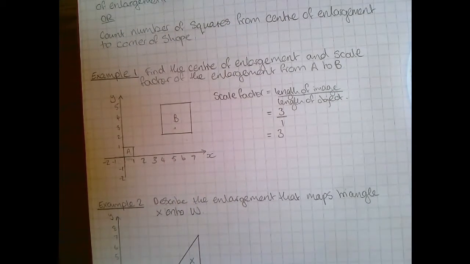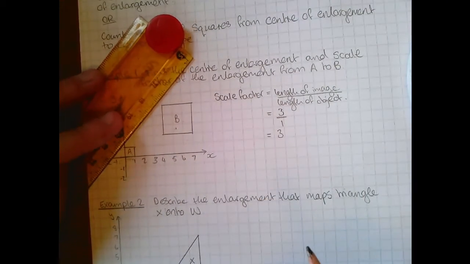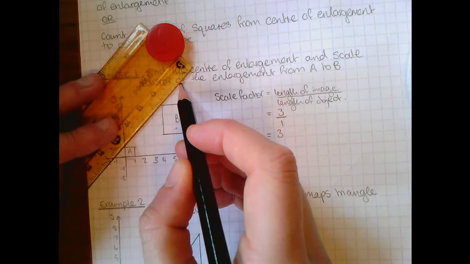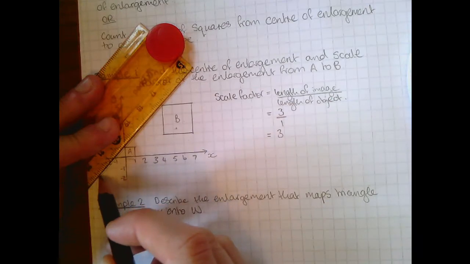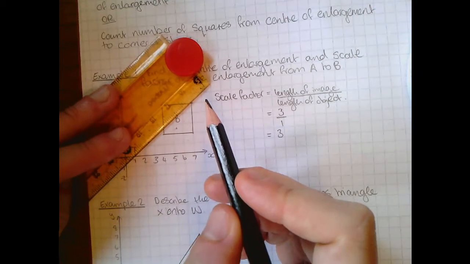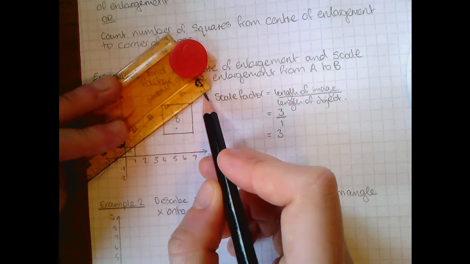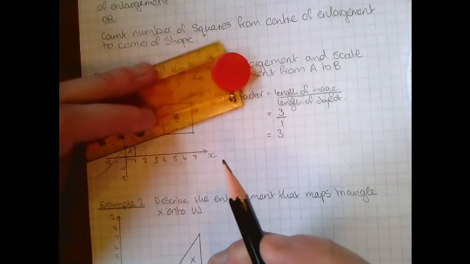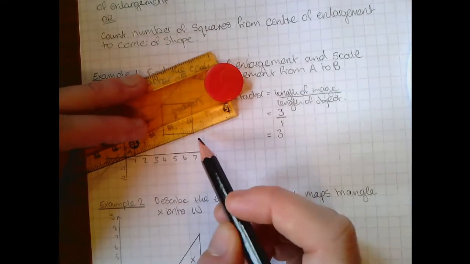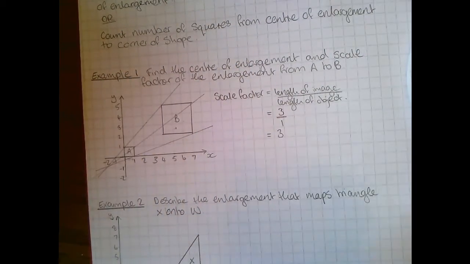Okay, we still need to find our centre of enlargement, so we're going to use projection lines for this one. So we join up this corner with the same corner in our object. We join up the same corner from our image and our object again. And we do the same thing on all of our corners. So this bottom corner joins up with the corresponding one in our object.